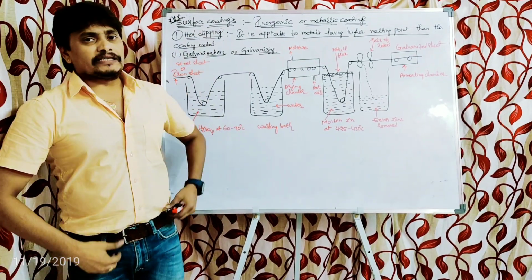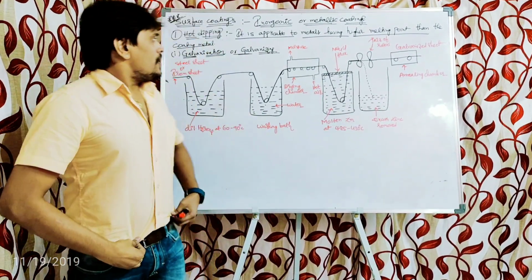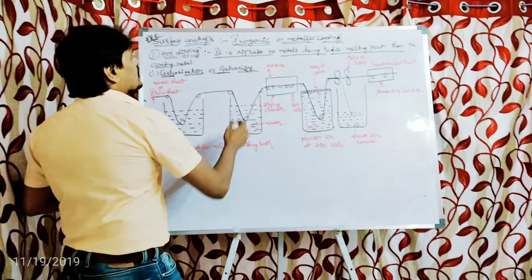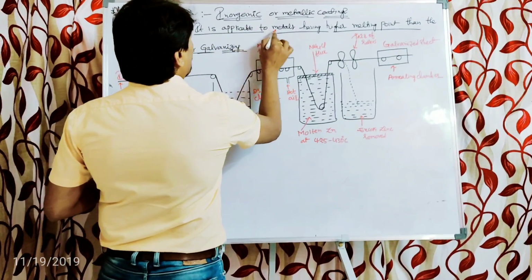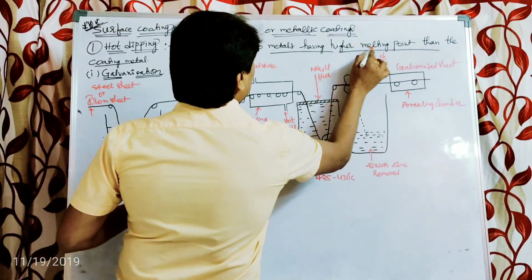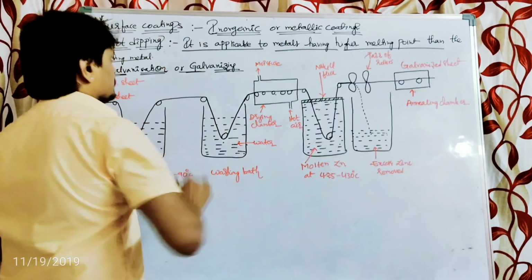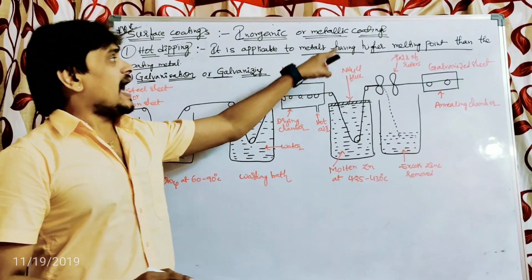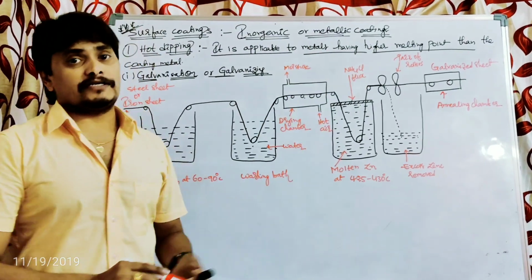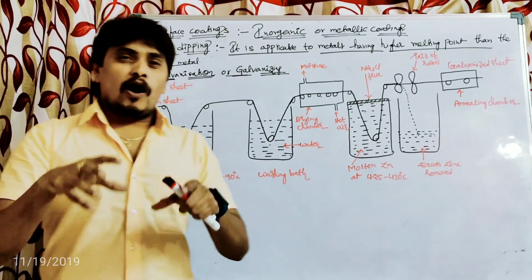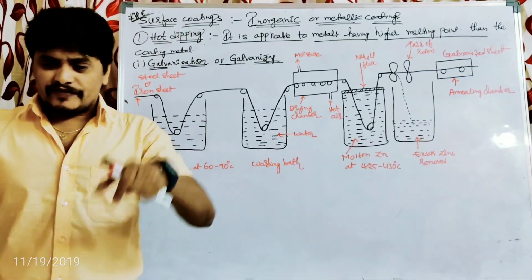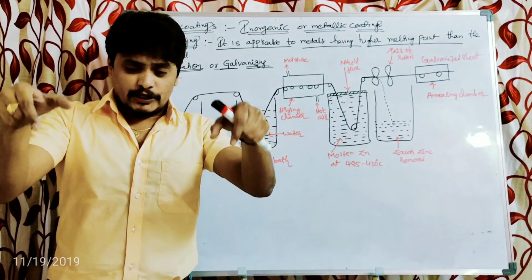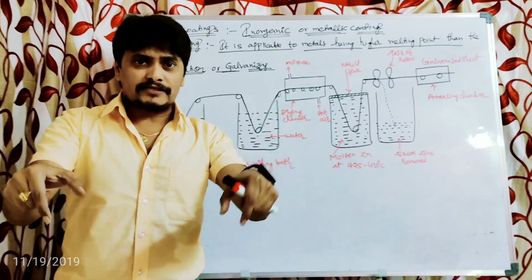So, the first method is hot dipping. The hot dipping method is applicable to metals having a higher melting point than the coating metal. Because in hot dipping, we immerse or dip the base metal into the hot molten coating metal.